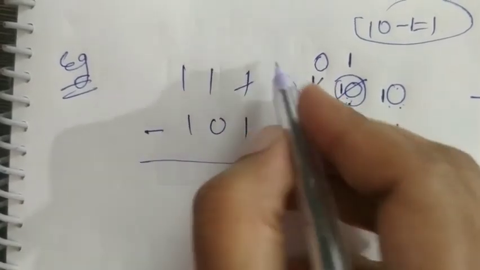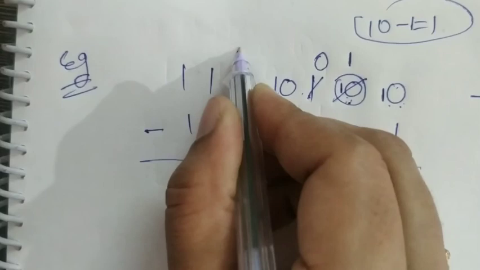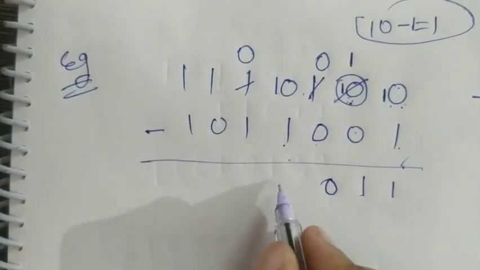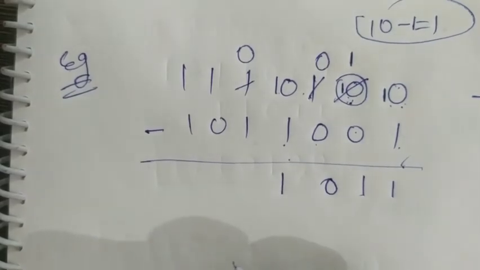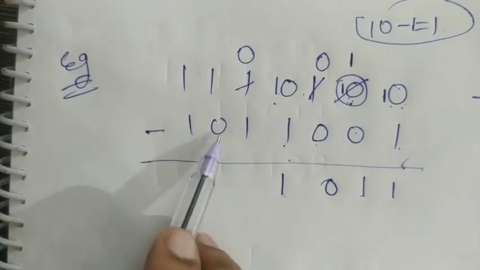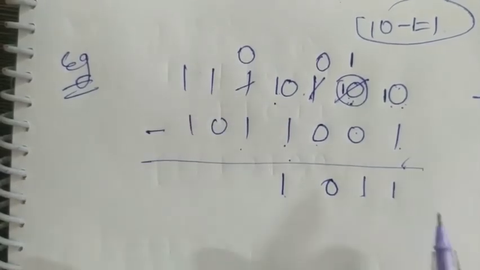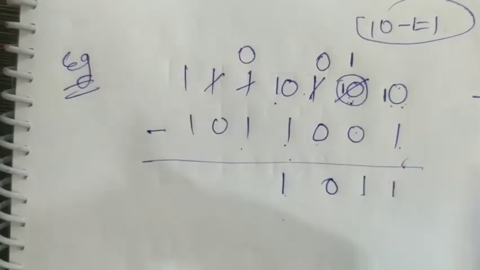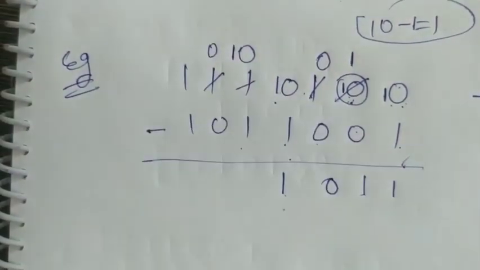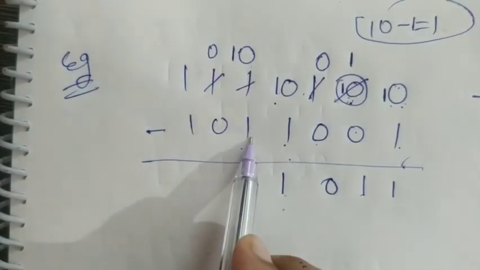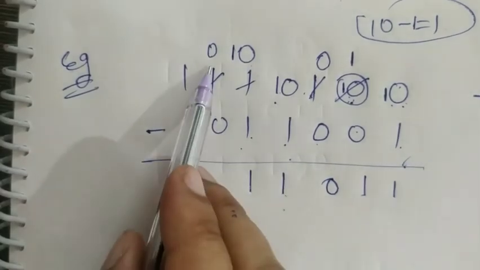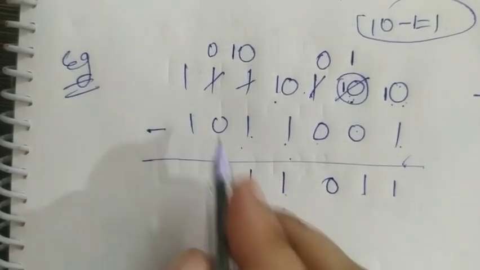So borrowing here is 1 and it will be 0. Now 10 minus 1 will be 1, since 10 means 2 in the decimal format. So 2 minus 1, that is 1. Now 0 minus 1, again I cannot subtract from 0. So I will take 1 here and this will be 0 now. Now 10 minus 1 will be 1. Now 0 minus 0 is 0. 1 minus 1 is 0.